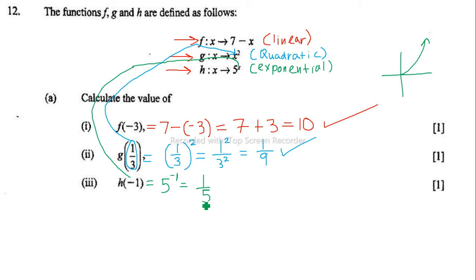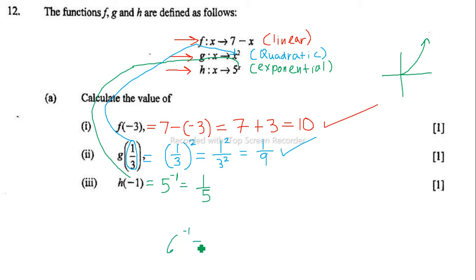Can it be just also 5 or does it have to be 1 over 5? Can it be just 5? No, it's not, because it's -1. So it's not 5 to the 1. It's 5 to the -1, so that's different. Because we have 5 to the -1, in fact, anything to the power of -1, you flip it.